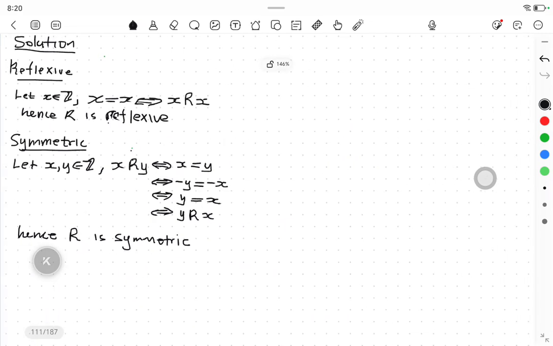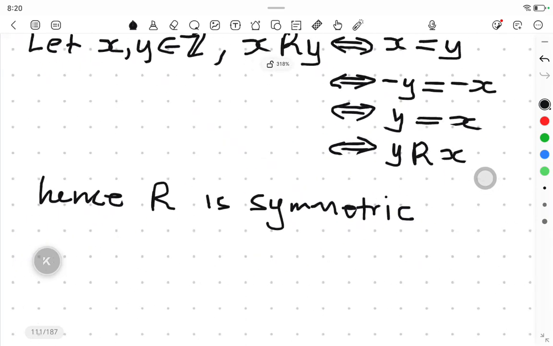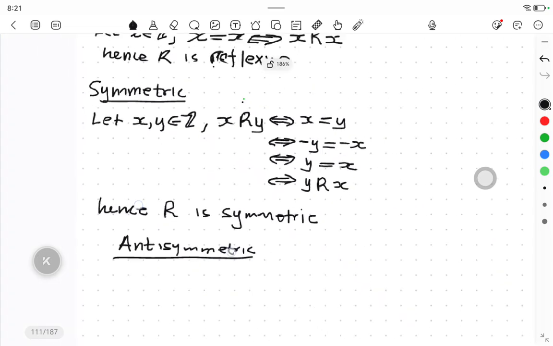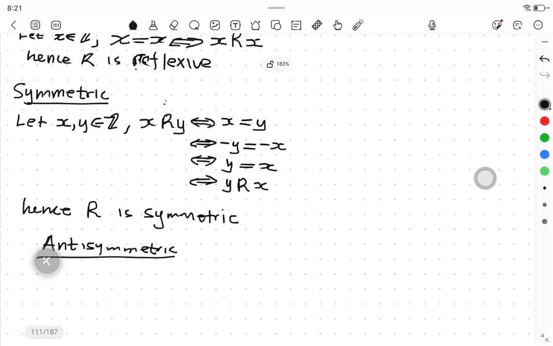Now after checking symmetric, we can check transitive or antisymmetric. Let's check antisymmetric. With antisymmetric, you also need two elements. You're going to let x, y be elements of z. And here, remember they say that we must assume that these two are correct.